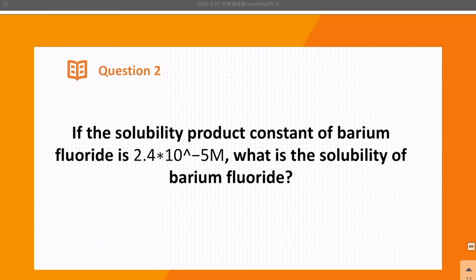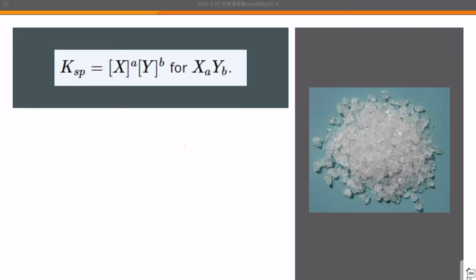So for the next question, if the solubility product constant of barium fluoride is 2.4 times 10 to the negative 5 molar, what is the solubility of barium fluoride? So we know barium is 2 plus, which means it loses 2 electrons, and fluoride F is 1 minus, which means it gains 1 more electron.